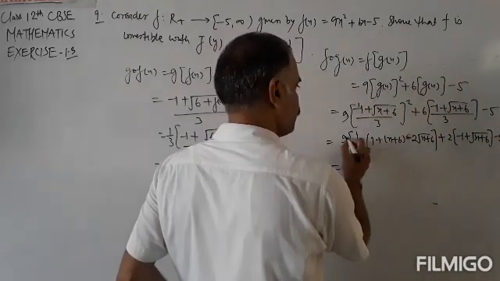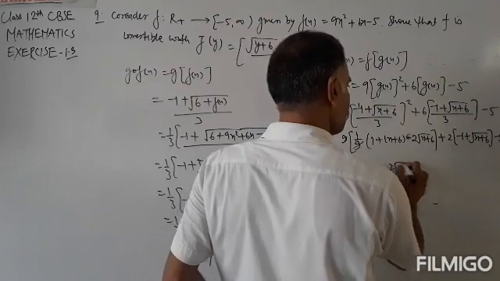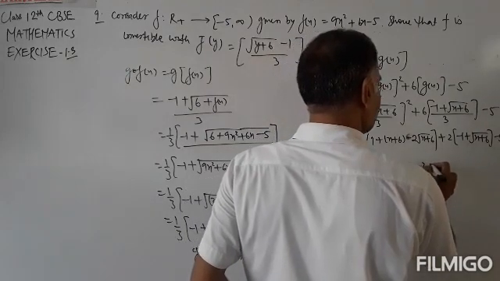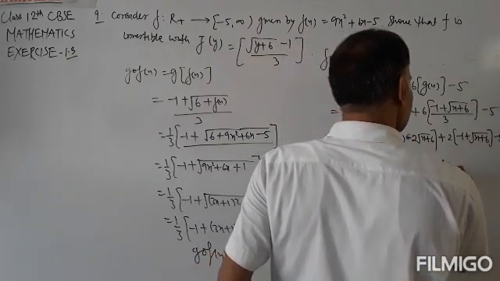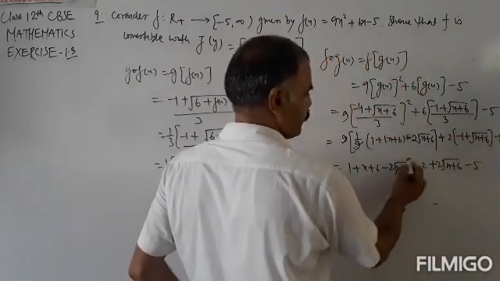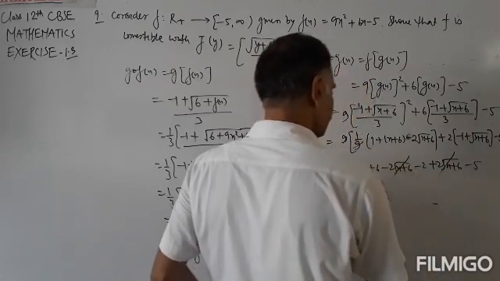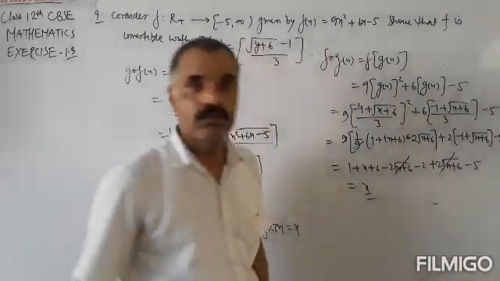So this is equal to, 9 will cancel 9, 1 plus x plus 6 minus 2 under root x plus 6 minus 2 plus 2 under root x plus 6 minus 5 after expanding this. This will cancel this. Minus 5 minus 2 is minus 7. So this is finally equal to x.